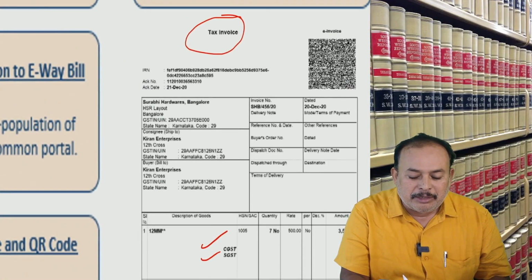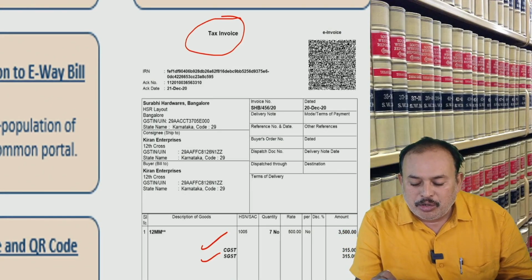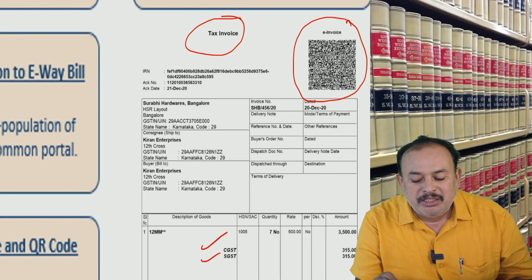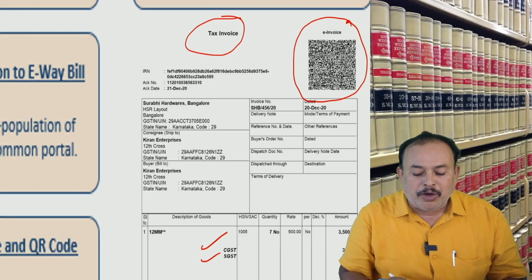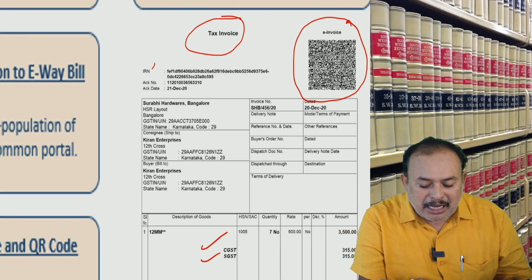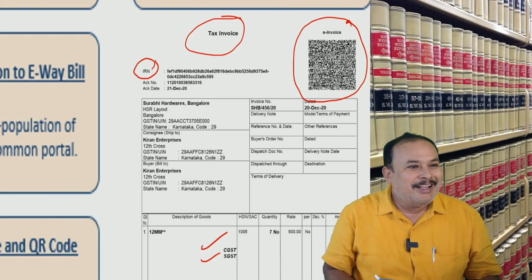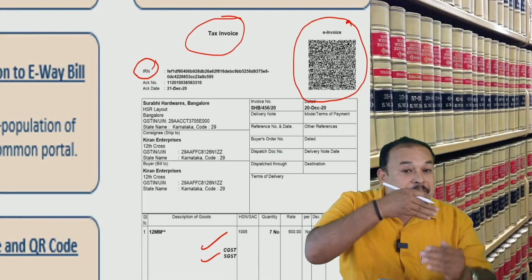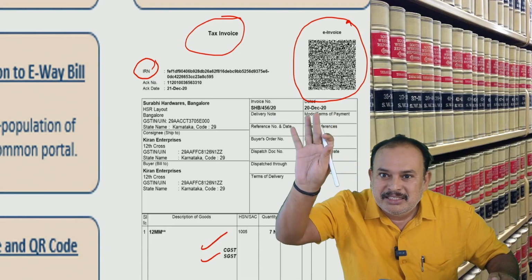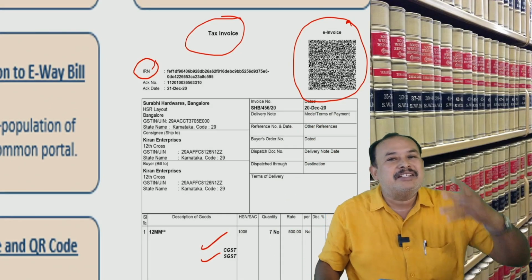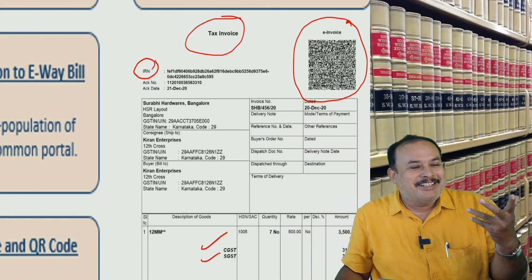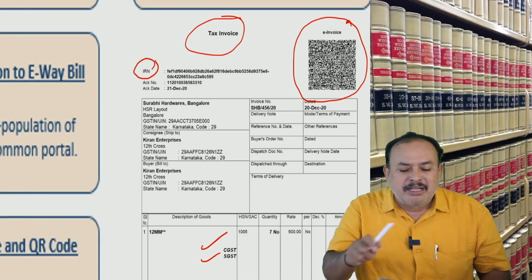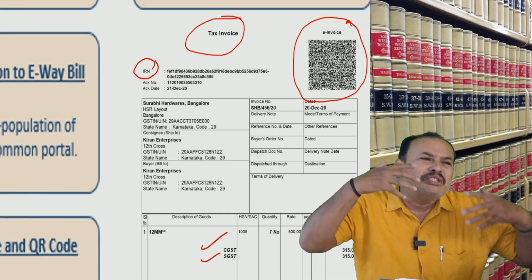Oh, that means we got a QR code, quick response code, followed by the IRN number, which is not there in the tax invoice. After the invoice is processed, the E-Invoice is generated. Soft copy generated.